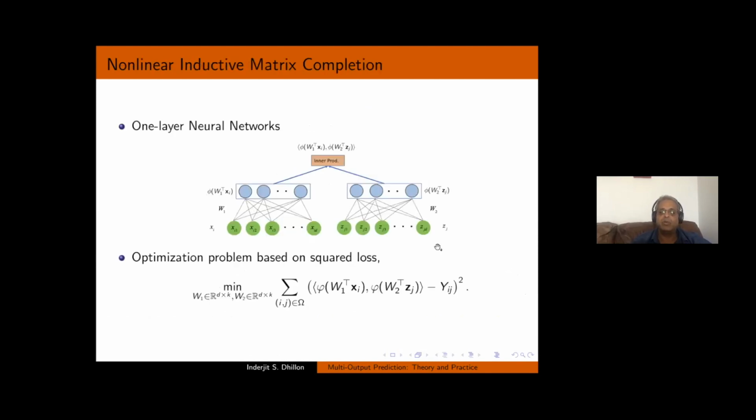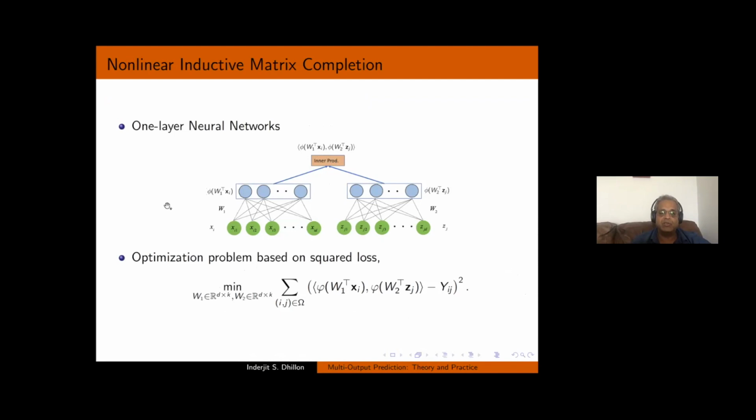Now what we can do is take the simplest case, which is to have only one hidden layer and look at the nonlinearity over there. So now the inner product is not just between W1 transpose Xi, but W1 transpose Xi with an activation function on this particular vector.